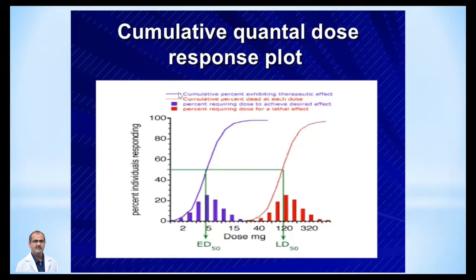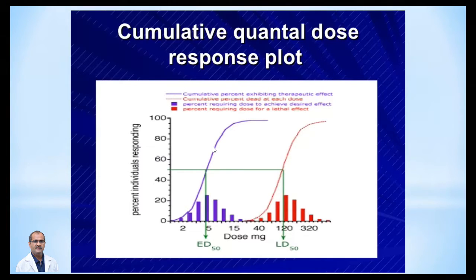This line is the cumulative percent exhibiting therapeutic effect, whereas the red one is the toxic effect. This is the percent required to achieve the maximal or desired effect, whereas the red one is required for death.